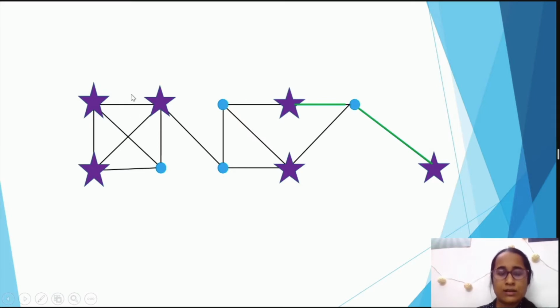So if this guard comes here, we will have only 2 guards here. So we'll have an edge here which does not have guards on both the endpoints, or we will have a vulnerable edge in this clique. So in the next move, no matter what the defender does, the attacker will find a vulnerable edge, and so the attacker will win.